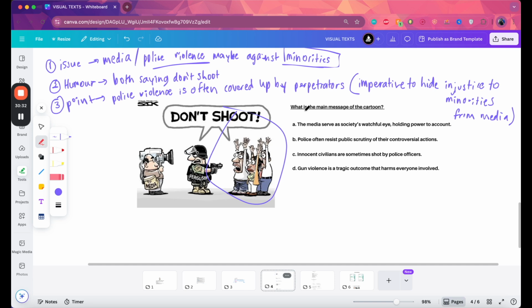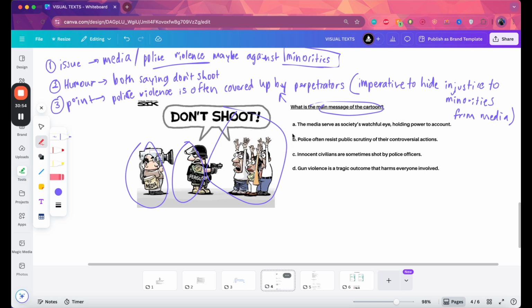All right, so the main message of this cartoon is probably about police violence slash hiding injustices against minorities from the media. So we're talking about media, there's some sort of violence happening, and there's minorities here. So there's a few different issues at play. We'll have a look at the answer options.